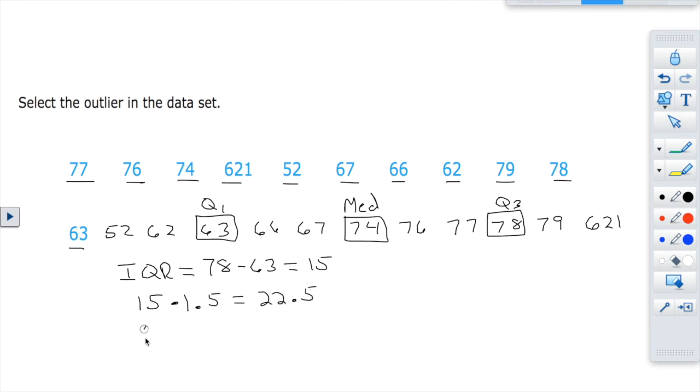Take that, subtract 22.5 from your lower quartile, or Q1. So that will be 40.5. That is our lower fence. So anything below 40.5 is below our lower fence, but we have no numbers in our data set below 40.5.